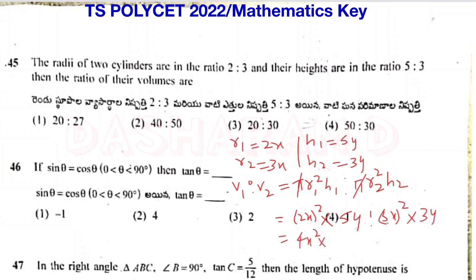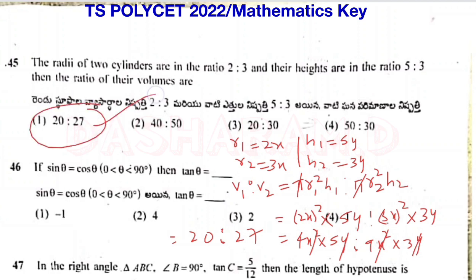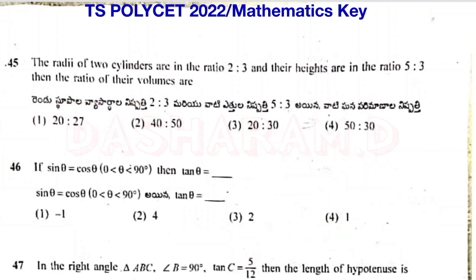So 4x square into 5y is to 9x square into 3y. x square and y cancel. 4 fives are 20 is to 9 threes are 27. 20 is to 27. Option 1 is correct.